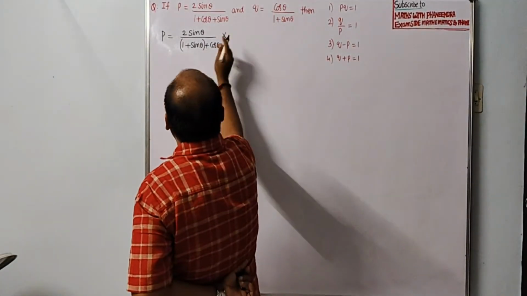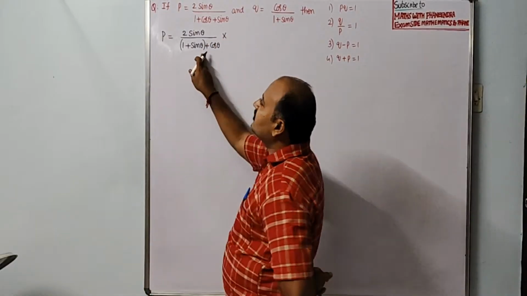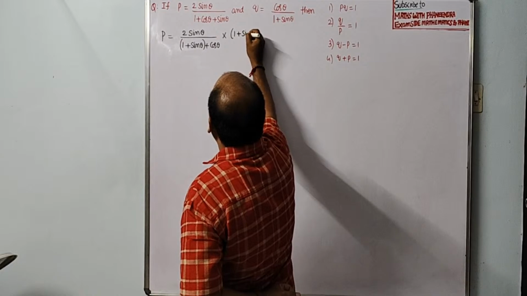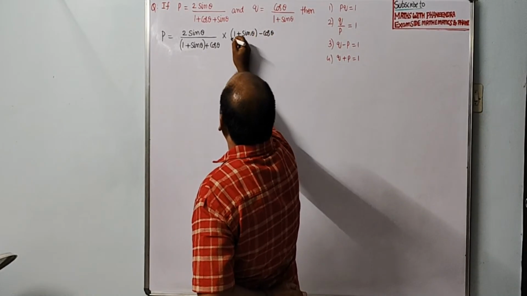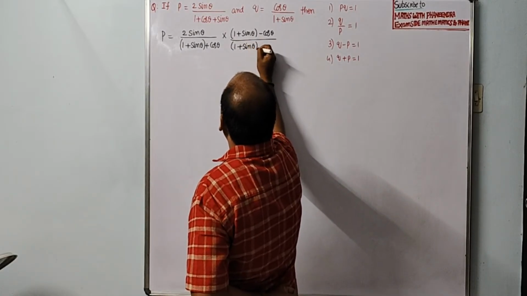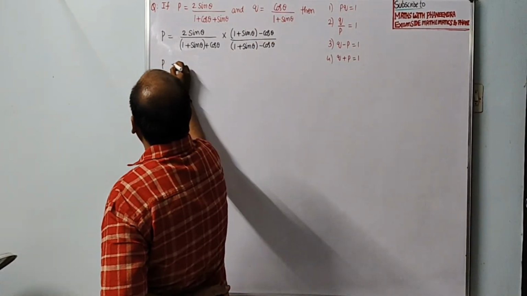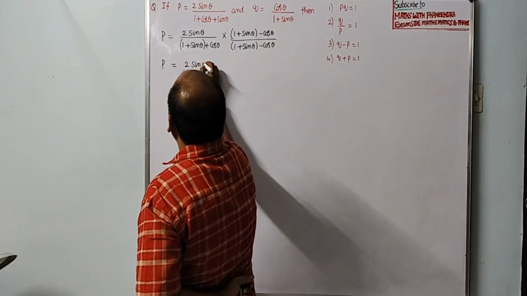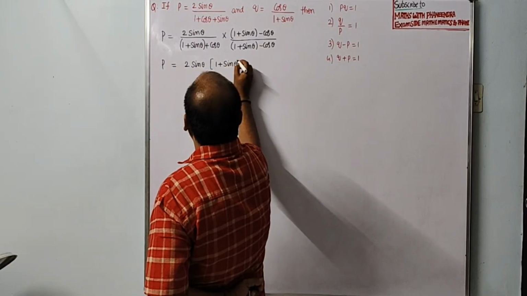Multiplying and dividing by 1 plus sine theta minus cos theta. So P equals, in the numerator, 2 sine theta into (1 plus sine theta minus cos theta).